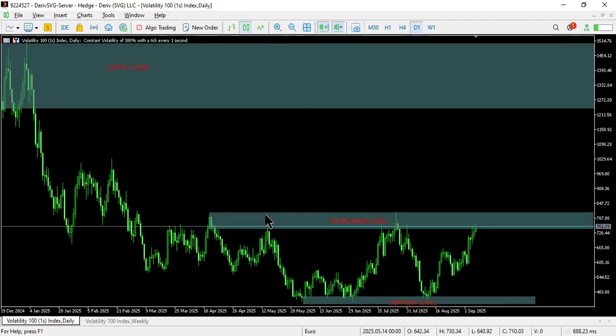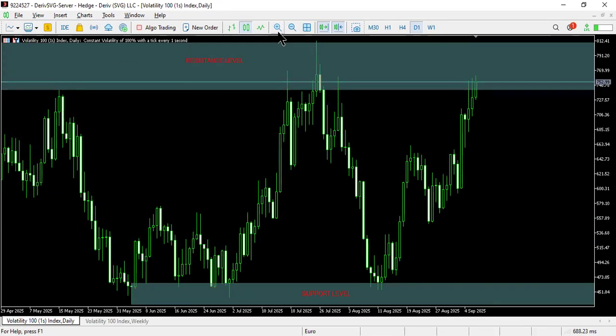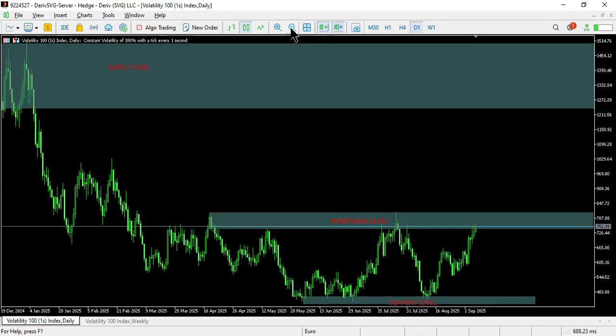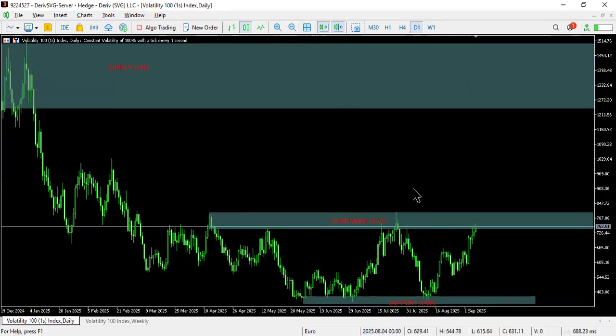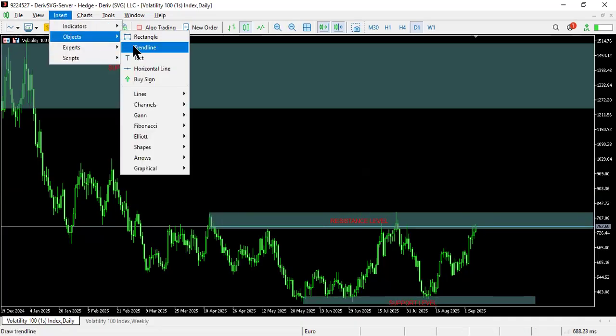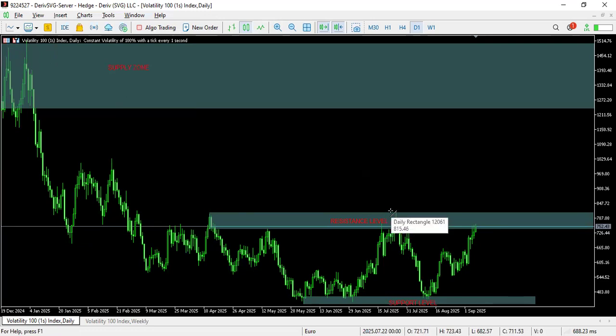Right now, as you can see, this is quite a strong resistance level. For us to be able to place buys on this VIX 100 1S, price has to go and break that high.